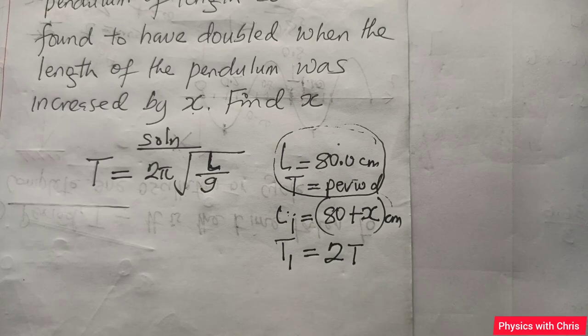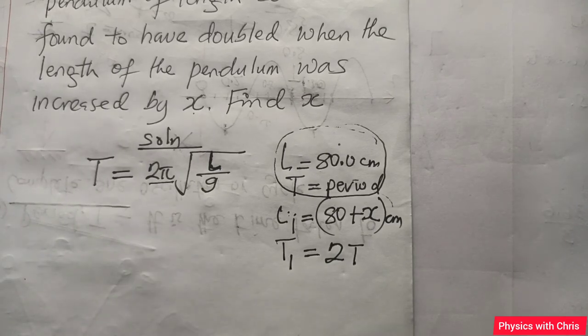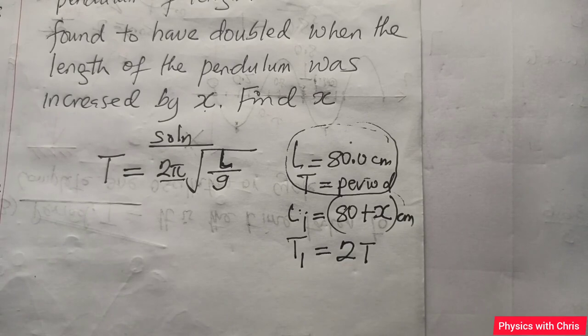Here again, we are taking 2 pi as constant and g as constant because the value of g is not given, and they didn't say anything about g. If you try putting 10 or 9.8, you may not get the correct answer. So let's take g as constant so that when we start making substitutions, these constants will cancel out.